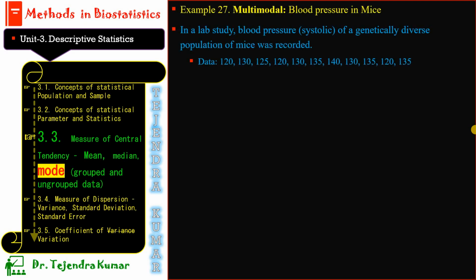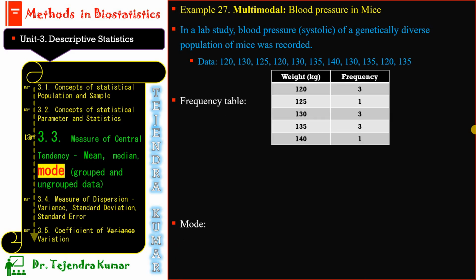Okay. In the next example, number 27, multimodal, blood pressure in mice. In a lab study, systolic blood pressure of a genetically diverse population of mice was recorded, and the data is here.